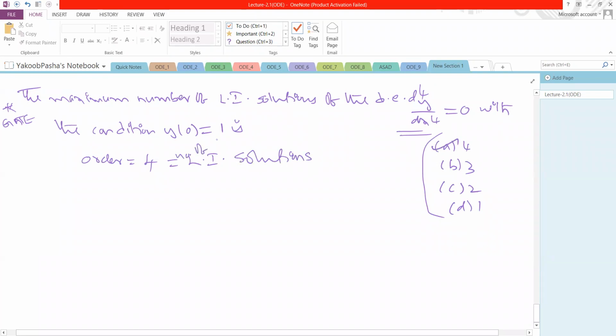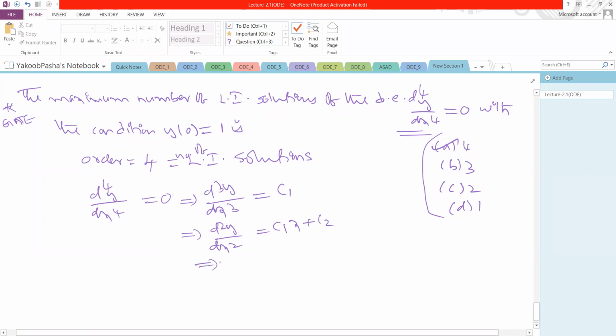So what are those linearly independent solutions? Let us see in detail. First we take the equation d power 4 y by dx power 4 equal to 0. Integrating once, we get d cube y by dx cube equal to some arbitrary constant. Integrating again, d square y by dx square is c1 x plus c2.